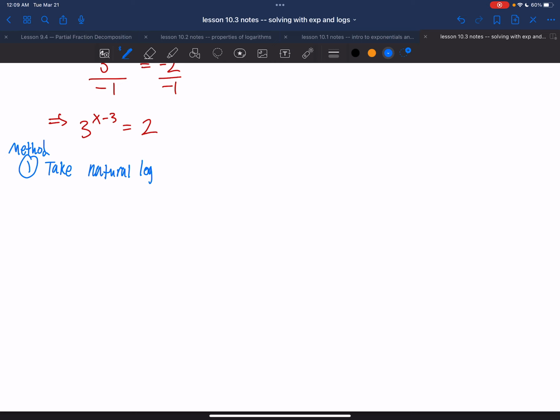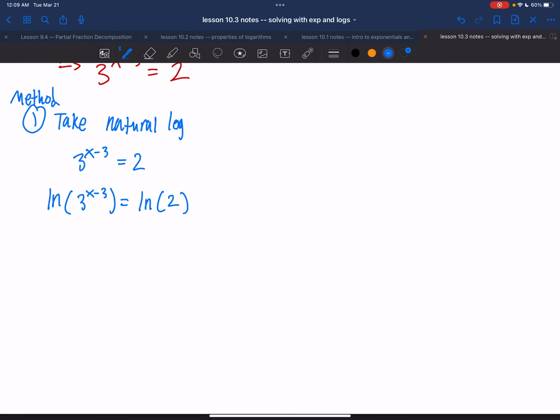So I'm going to take the natural log of both sides, okay? So here's what this looks like. You have 3 to the x minus 3 equals 2. We're going to say natural log of 3 to the x minus 3 equals natural log 2. That is the taking of the log, right? That's taking the natural log of these things.